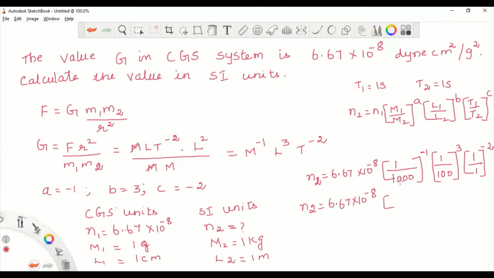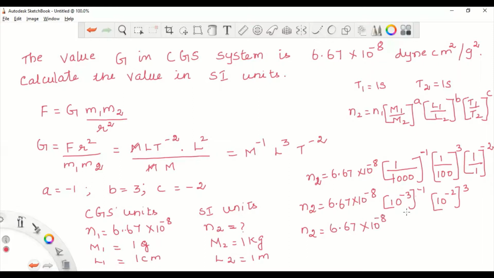When you bring this 1000 to the numerator, what will you get? Here 10 power 3. When it comes to numerator, 10 power minus 3, the whole power minus 1. Similarly, when you bring this 100 to the numerator, 10 power minus 2. Am I right? 10 power minus 2, the whole power 3. So 1 by 1, the power is minus 2. So you will get 1 only. So we are going to write it as 6.67 into 10 power minus 8.